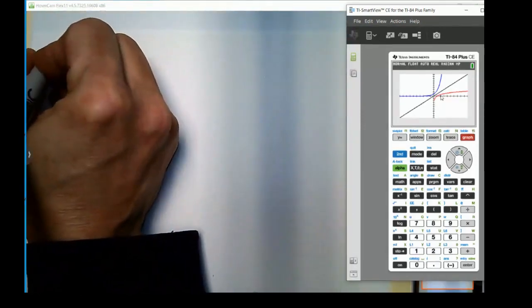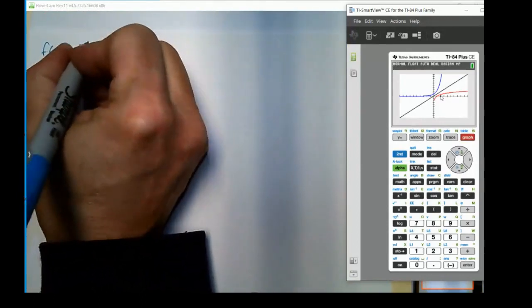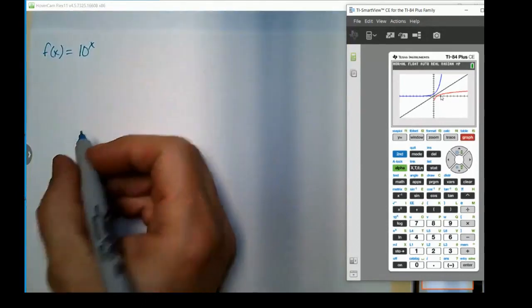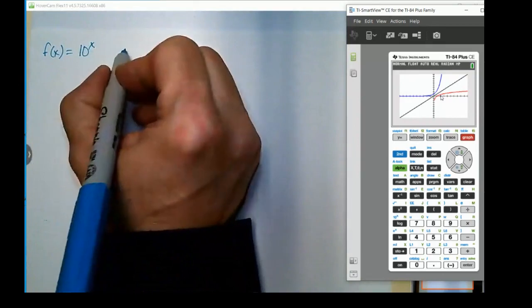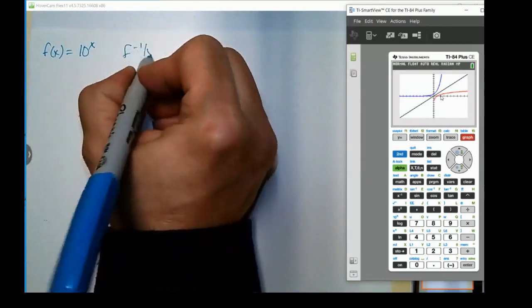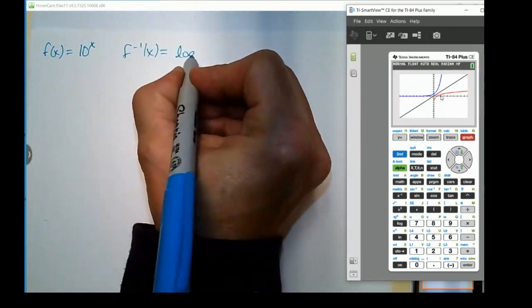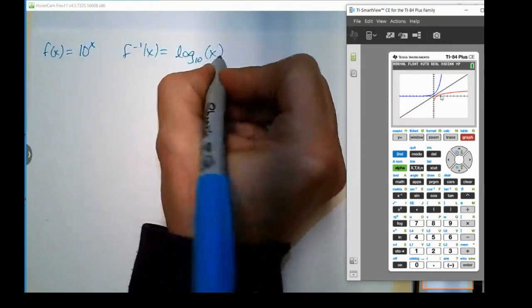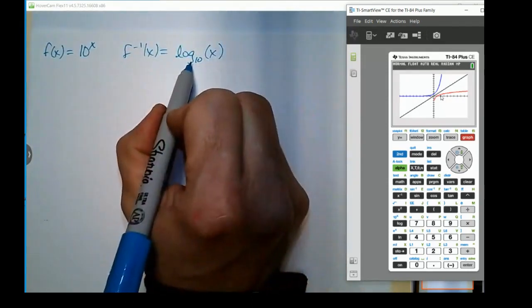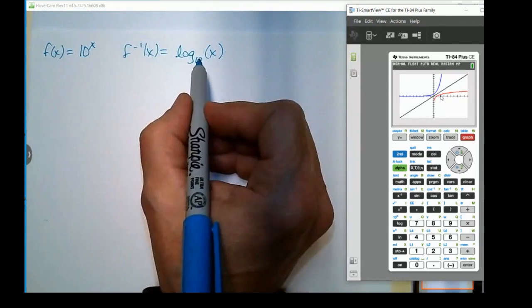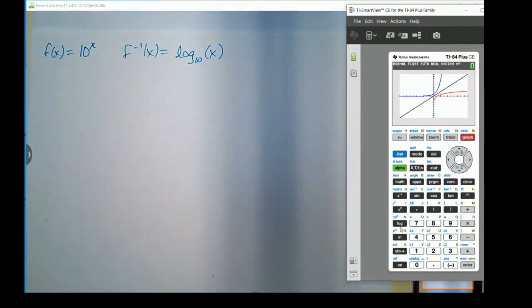Okay, then our last pair of functions we're going to talk about is the one where we have a base of 10. If we have 10 to the x, then our inverse of that is going to be the log base 10. This one we already talked about a little bit. This one also gets used a lot, so it has a specific button on the calculator.